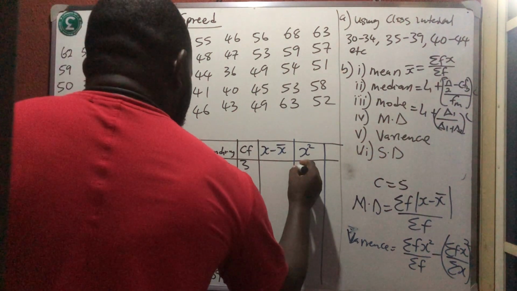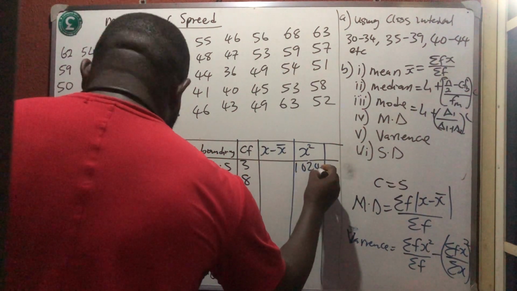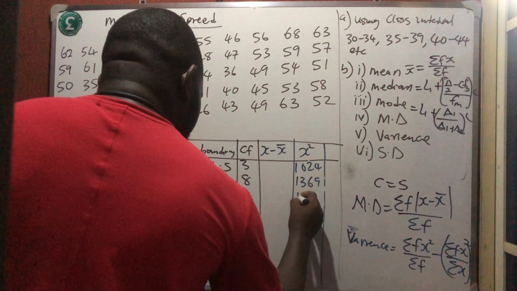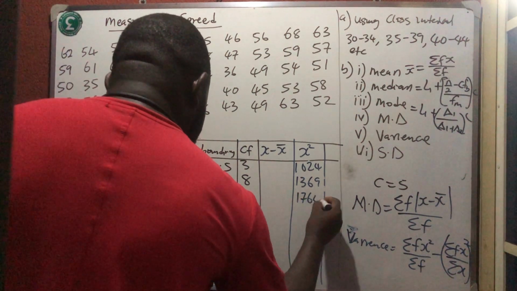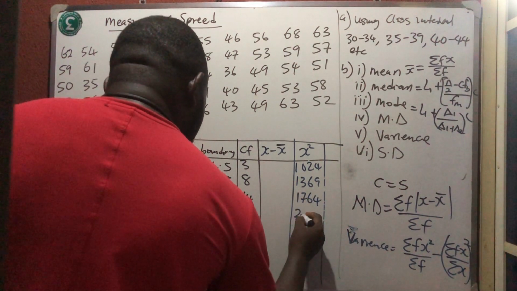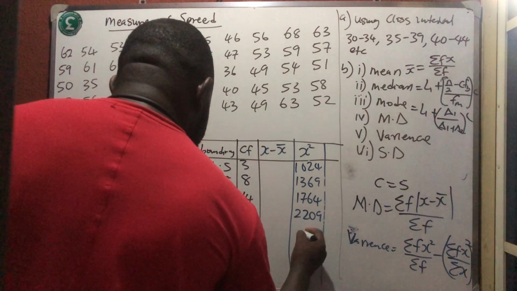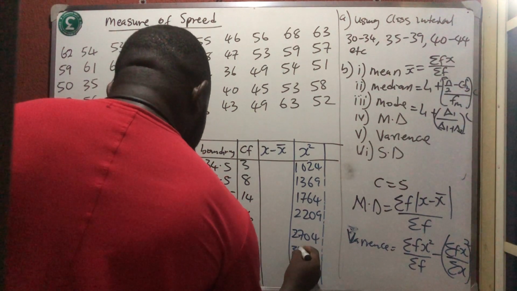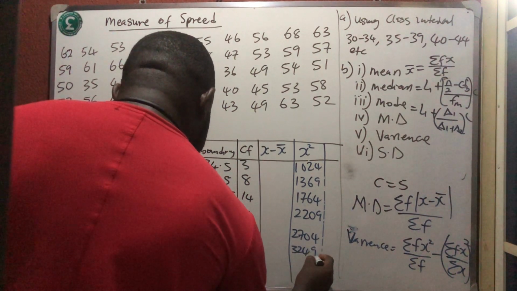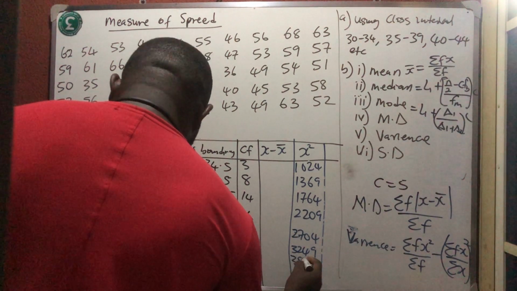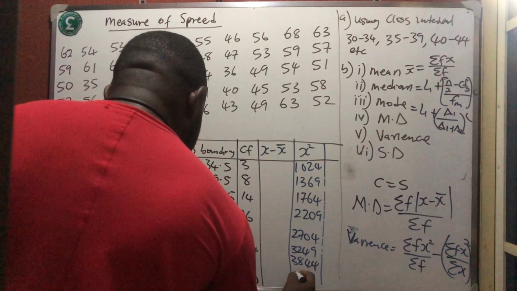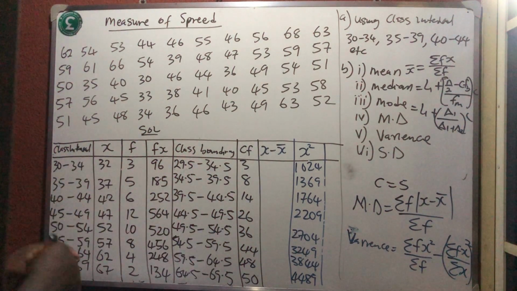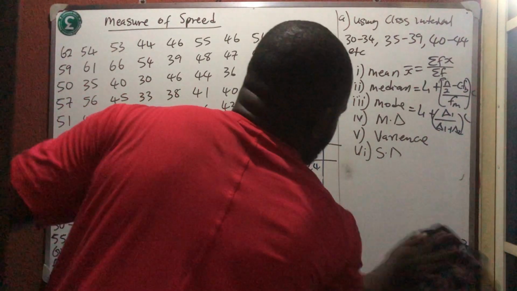So our x squared: 32 squared will give you 1024, 1369, 1764, 2209, 2704, 3249, 3844 and 4489. Okay, so what we now need is each of them minus x bar.